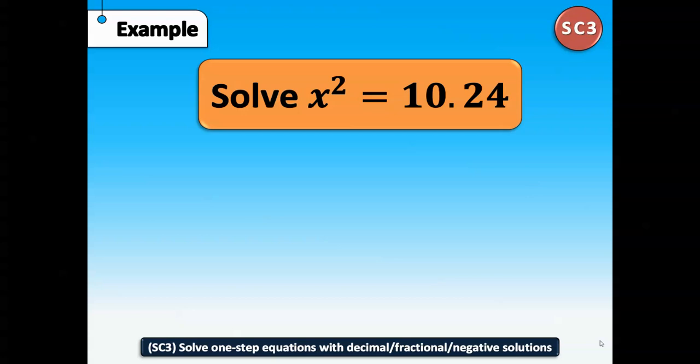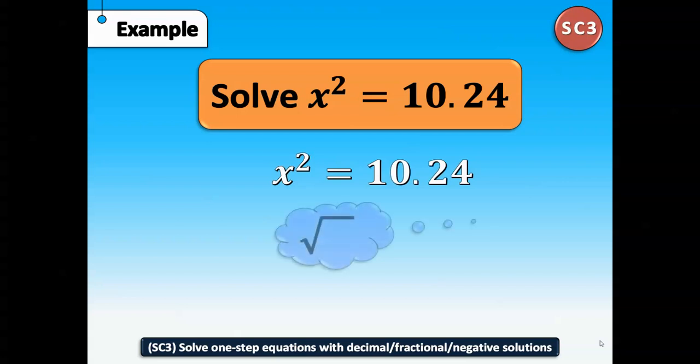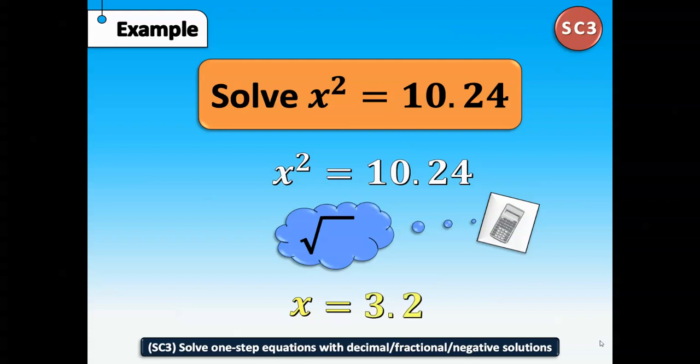Here we want to solve x squared equals 10.24. So the opposite of squared is square root. So we need to do this one on a calculator and do the square root of 10.24, and we should get the answer 3.2.